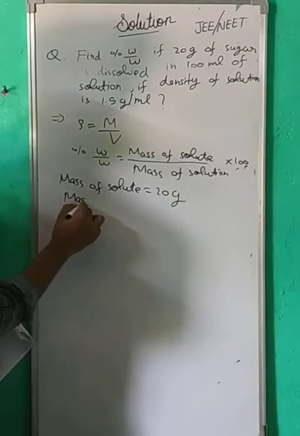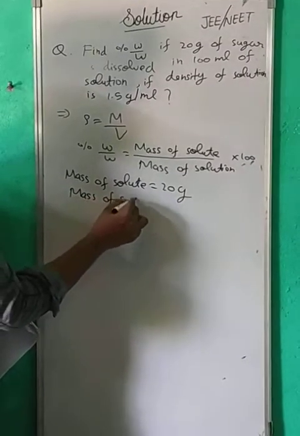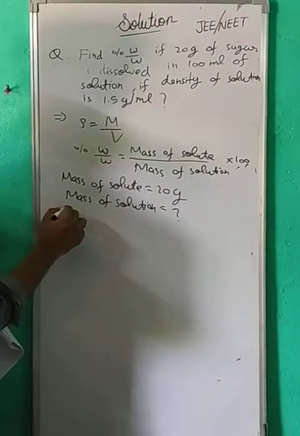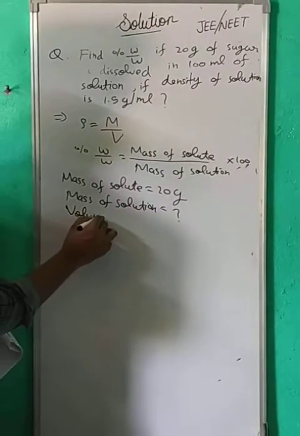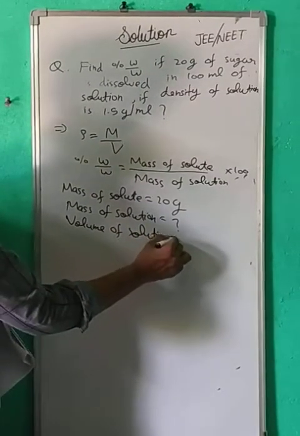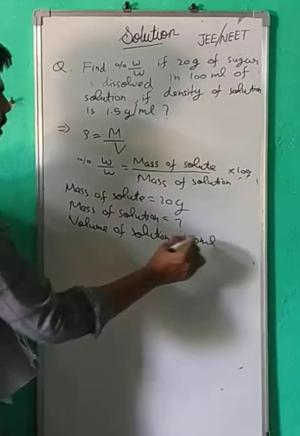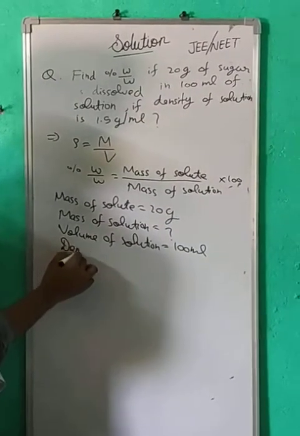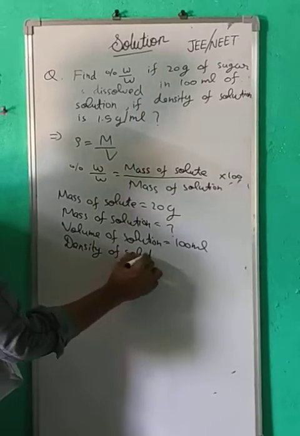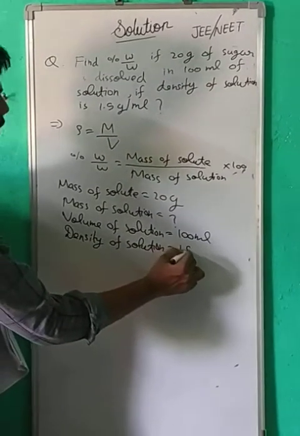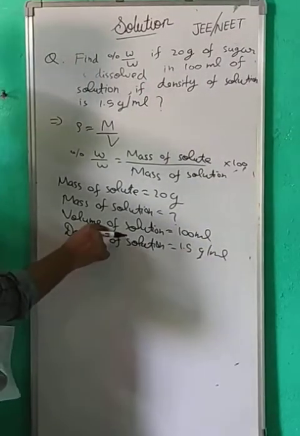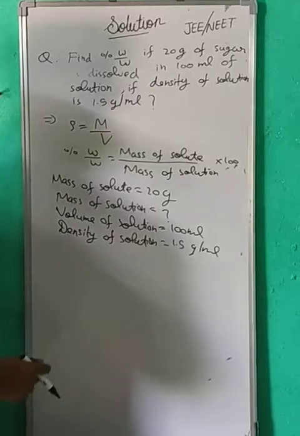So mass of solution is unknown, but volume of solution is given to us, 100 ml. And yes, density of solution is 1.5 gram per ml. See, we have density, we have volume. Can you find now mass? Easily you can find.